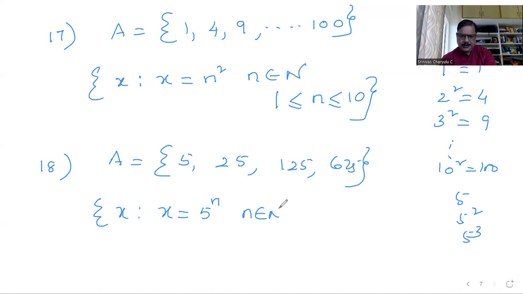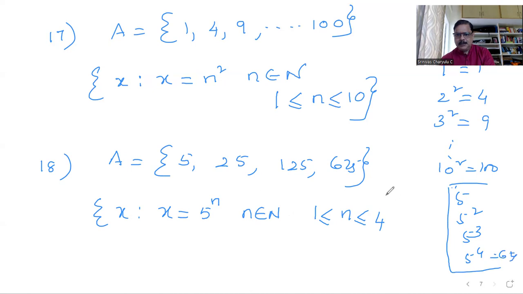N belongs to capital N, but 1 is less than or equal to n, less than or equal to 4. Correct now? 5 to the power of 4 is 625. So n is limited to 4 only. Yes. Next one.